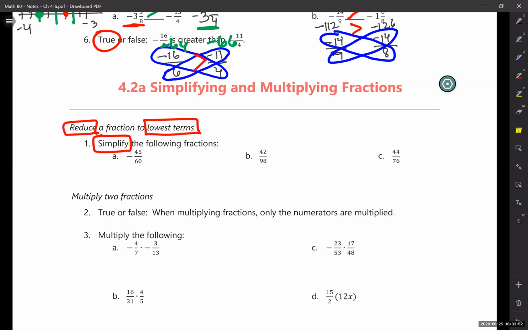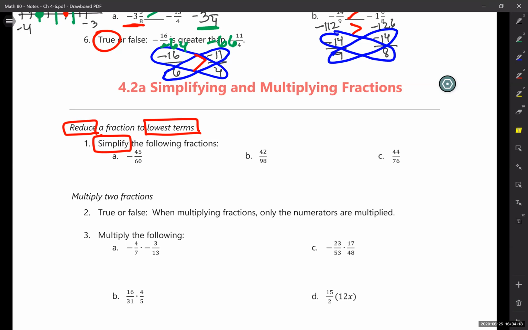So looking at negative 45 over 60, we want to think what's the biggest number that goes into both of those. And sometimes, honestly, the first number you think of isn't even the biggest number, and you might have to reduce a second time. But the point is we want the situation where the numerator and the denominator have nothing in common. So I see both those numbers from the divisibility test.